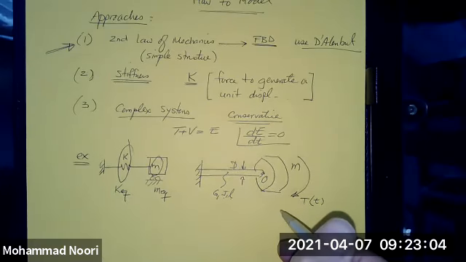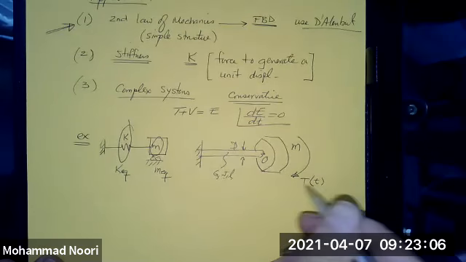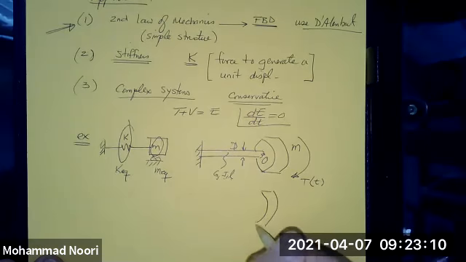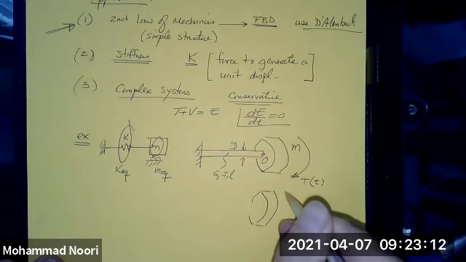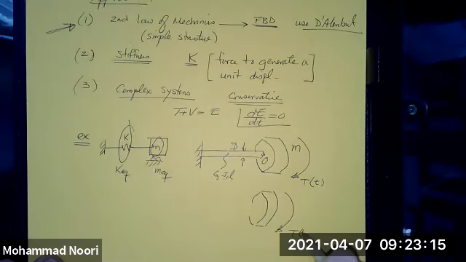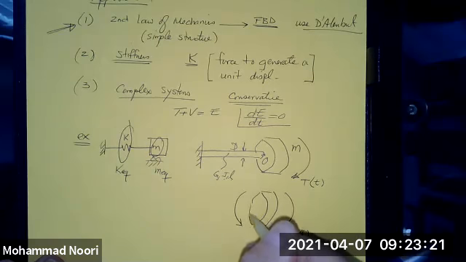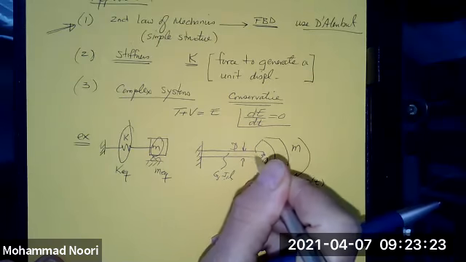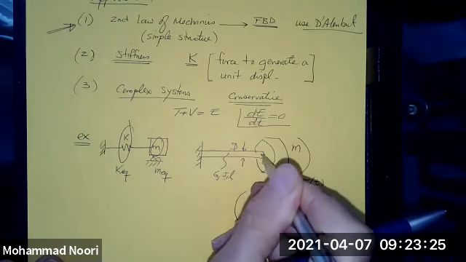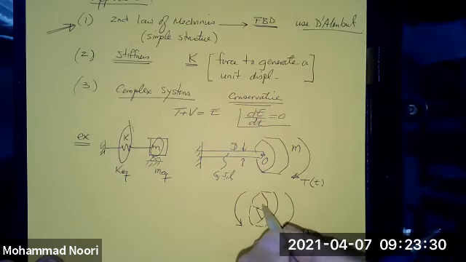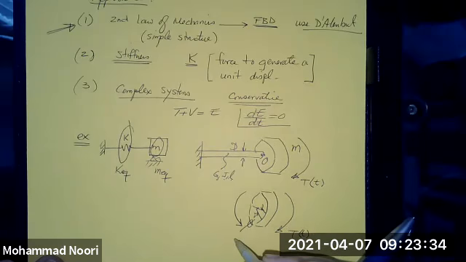Okay. So in order to do that, as I said, we use simply the free body diagram. This disk is subjected to this time-dependent torque. Its motion is resisted. It is going through some deformation. In other words, the shaft is going through some deformation. I call that angular deformation phi.